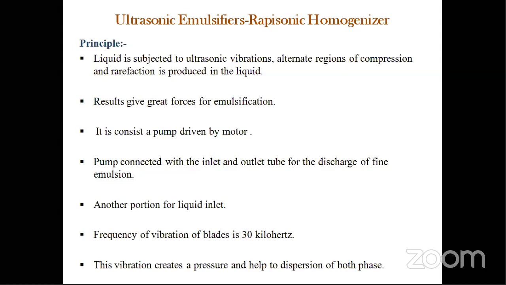Sonication is a type of sound frequency, and this sound creates vibrations in the liquid, and due to these vibrations, it can break the larger droplets into small droplets. It is the most important phenomenon that happens in this homogenizer process. So it is called a Rapisonic homogenizer. Rapisonic means rapidly sonicating the liquids.